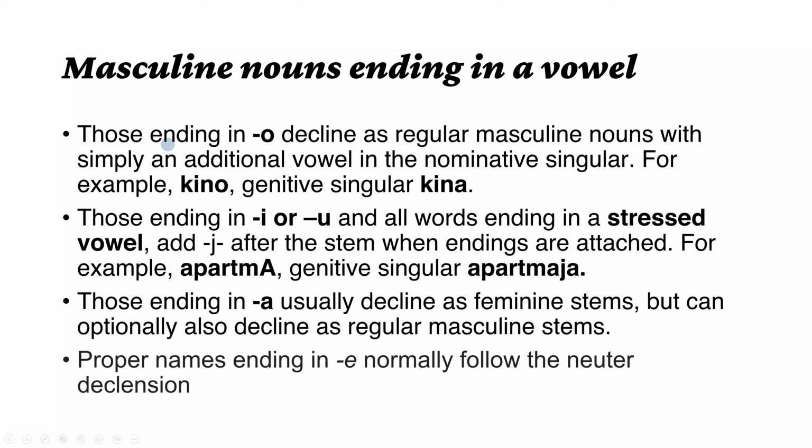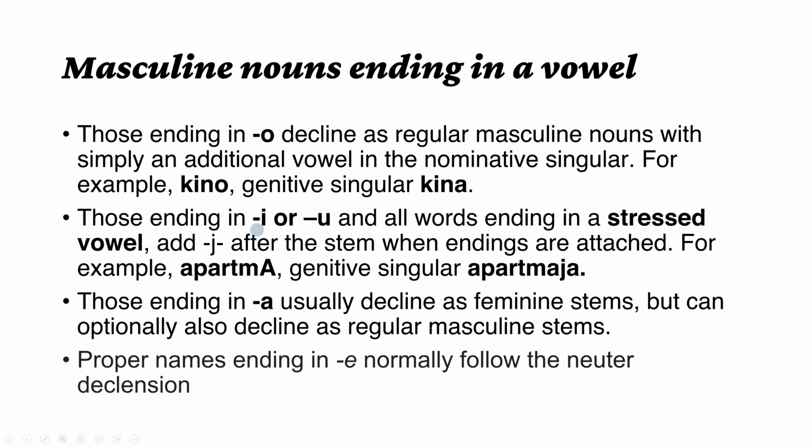So those masculine nouns that end with O decline as regular masculine nouns with simply an additional vowel in the nominative singular. For example, we have the word kino, and the genitive singular would be kina.